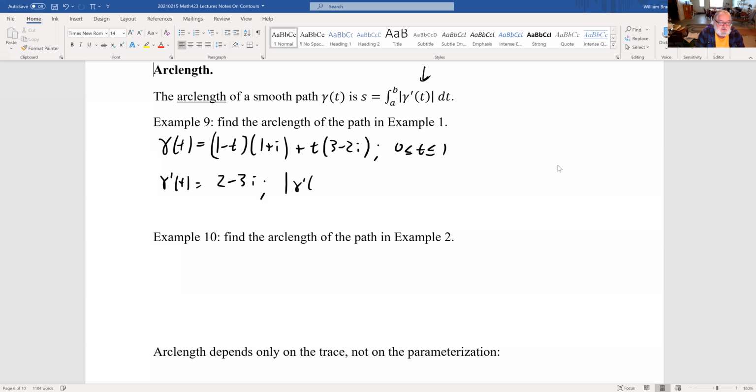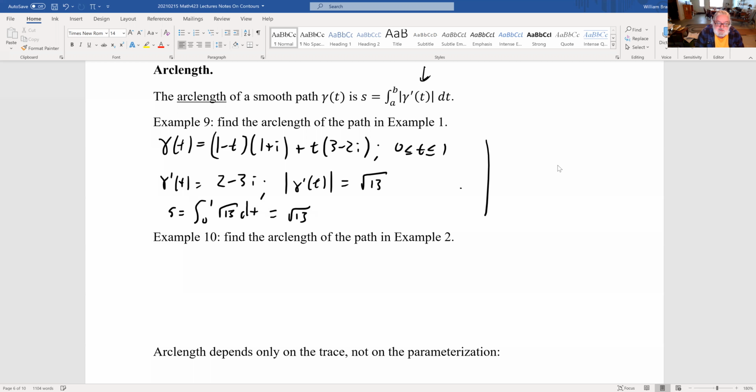The modulus of gamma prime of t, if you grind that out, is the square root of 2 squared plus 3 squared, which is 13, and then the square root of that. So the arc length of this path is s equals the integral from 0 to 1 of square root of 13 dt, and that's just square root of 13.